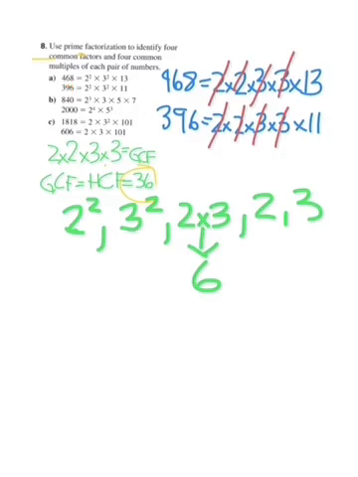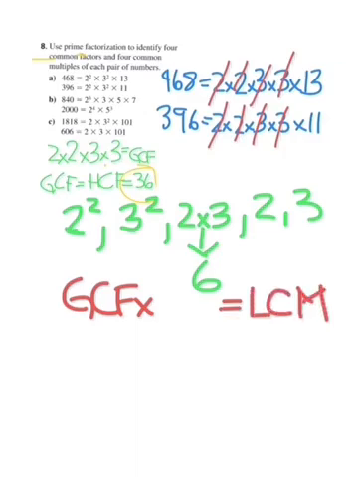So you have the formula there I wrote on the board, and if you haven't written that in your notebooks, you should, because that formula is that you have to multiply the GCF times the numbers they don't have in common. That equals the LCM, least common multiple. Again, here they're asking me for 4 common multiples. So the least common multiple is just one of all the possible multiples that they can have.